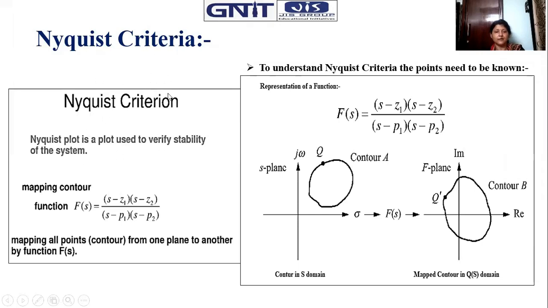We will encounter the number of right hand side pole positions, that means the right hand side roots of the characteristic equation. If we take only 1 plus G(s)H(s), this numerator we will regard as the zeros, but for the closed loop.